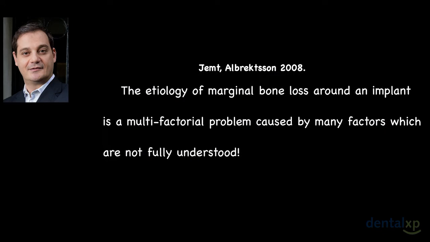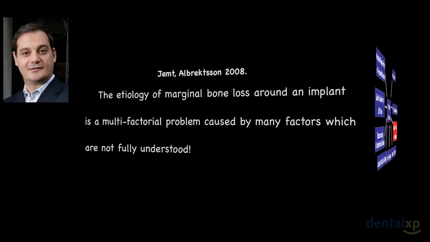If we look at what has been talked about in the literature, in 2008, not that recent, Gemt and Albrechtsen said that the etiology of marginal bone loss around an implant is a multifactorial problem caused by many factors which are not fully understood. And again, I agree with them. That's how I used it in the breakdown of the factors leading to peri-implantitis.